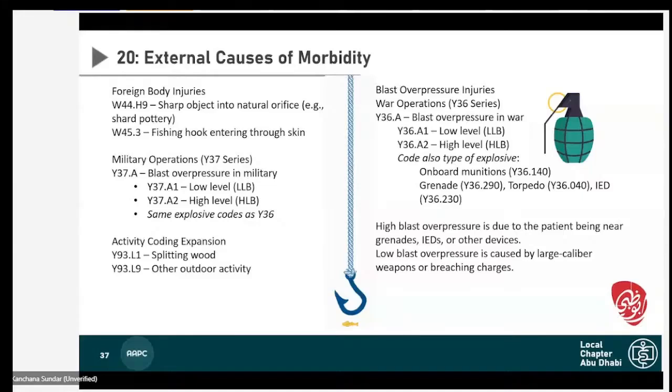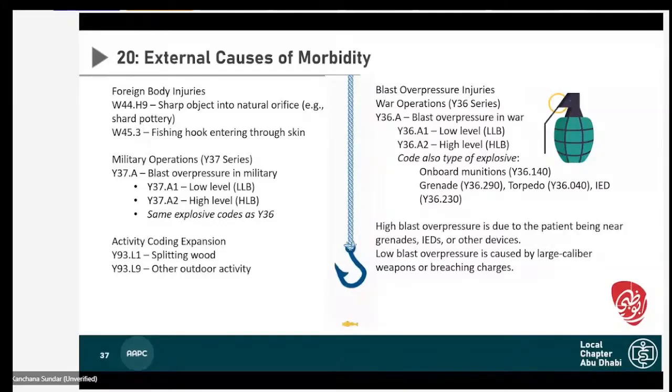And when it comes to blast overpressure injuries, war operations and war military operations are separate now. So Y37 is different and Y36 is different, but both have low level and high level blast overpressure seen as separate codes. What is high blast and low blast?